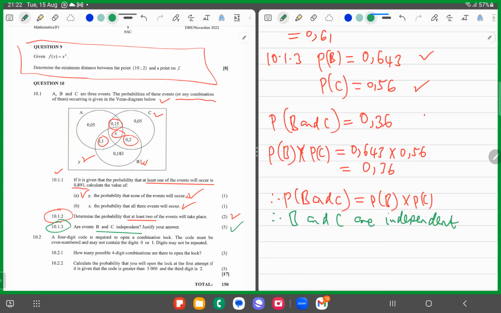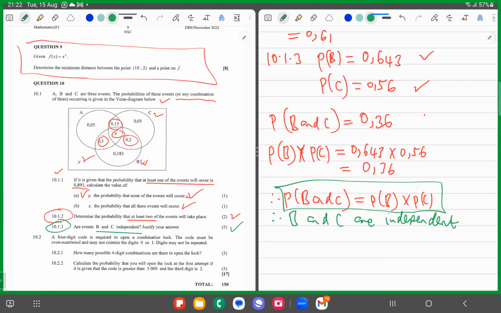They're independent because independence is measured by this relation. So if the probability of B and C equals the probability of B times the probability of C, it means we have independent events. Just note that one.